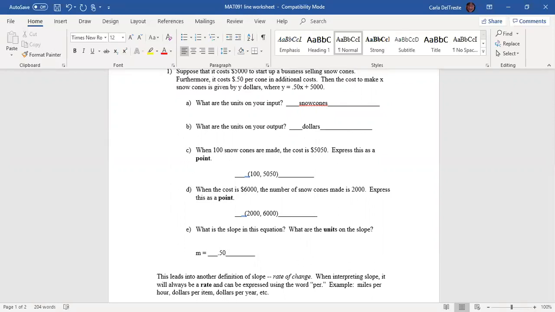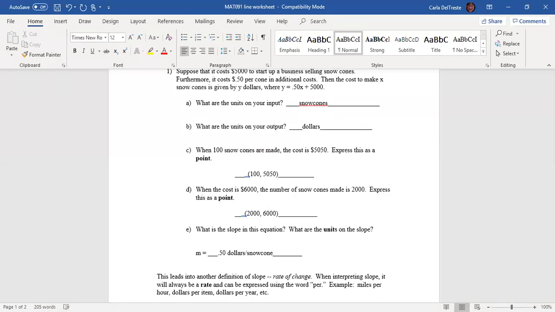So the units are going to be our output units over our input units, rise over run, change in y over the change in x. So this is going to be dollars per snow cone, which makes sense because it's described up above as 50 cents per cone.